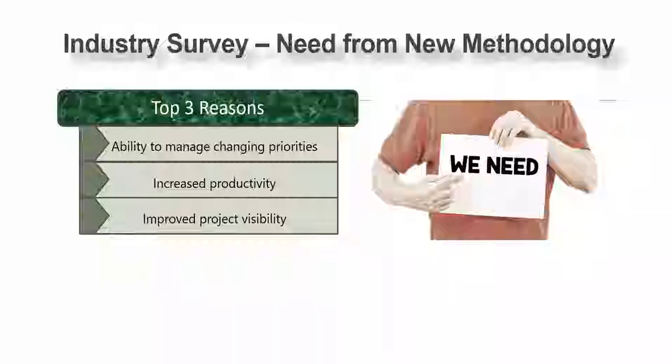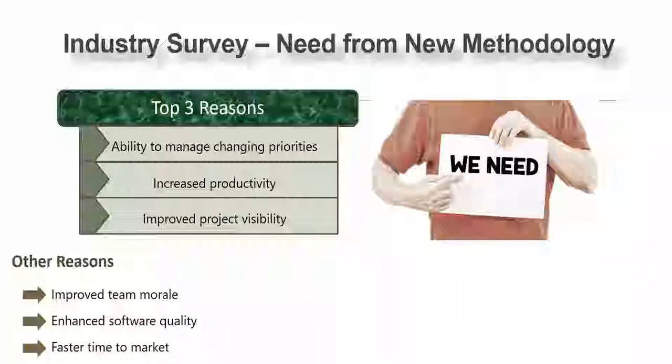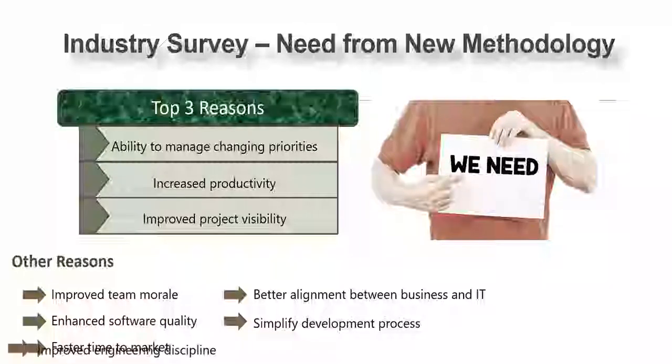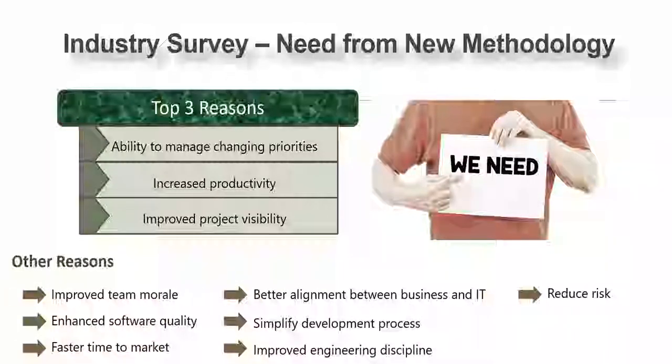Other than these top three reasons, there were other reasons that the industry wanted the new methodology to address, and these are a few of those reasons. And I can give you a guarantee that any project that is doing an agile transformation or moving from waterfall to agile is doing so because of one of the reasons that you see on the screen right now.